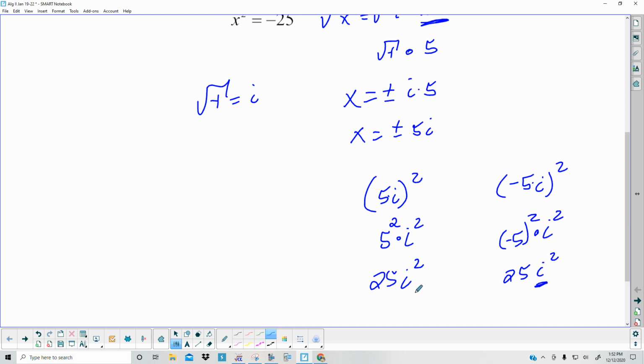Now we got to look at this. I just got done a second ago telling you that the square root of negative 1 is i. Well, what if I squared both of those? A square and a square root. Well, how about this? The square root of 25 is the same thing as the square root of 5 squared.